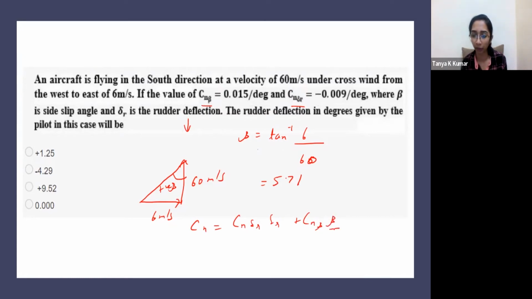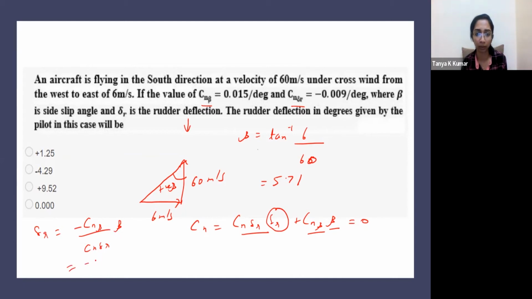We've calculated beta, we know Cn beta, we know Cn delta R. At trim, how much rudder deflection do you have to trim? So this would be equated to 0. Then delta R is equal to minus Cn beta by Cn delta R into beta.